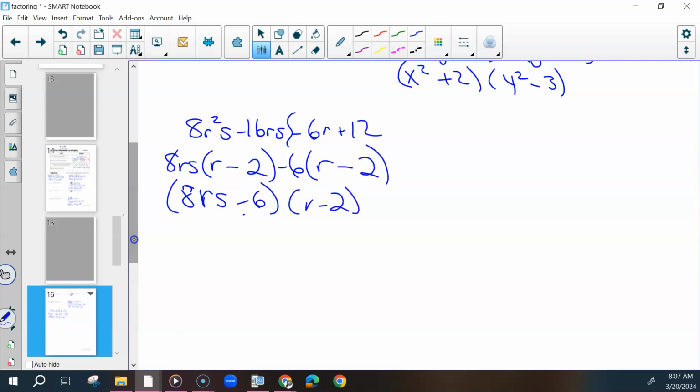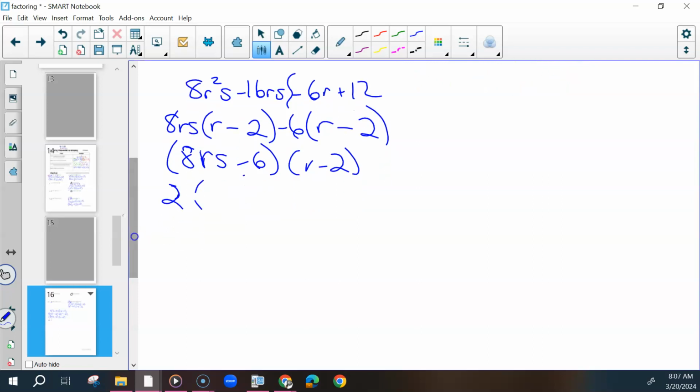Are both of these prime? No. So what could we divide out of these two? 2. So because we can divide this by 2, we have to bring that out. And what would be left? It's 3.